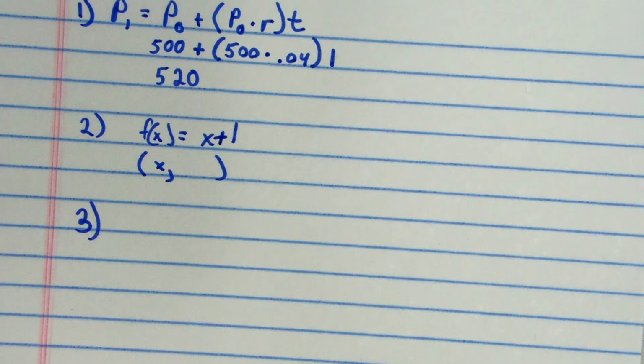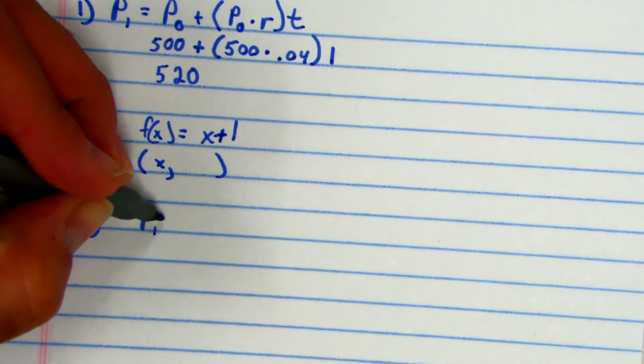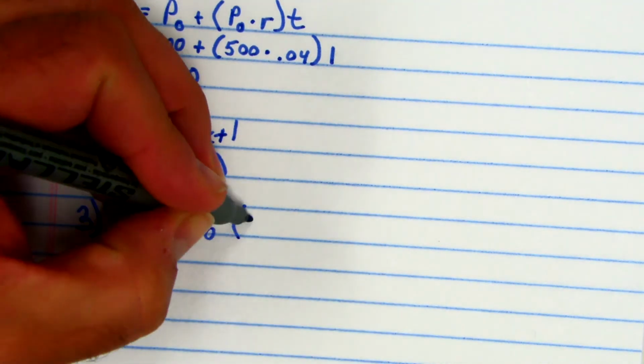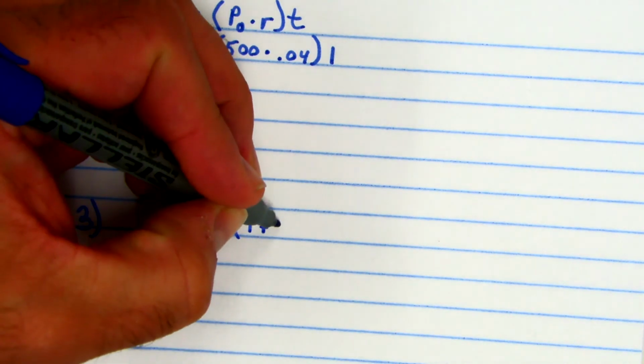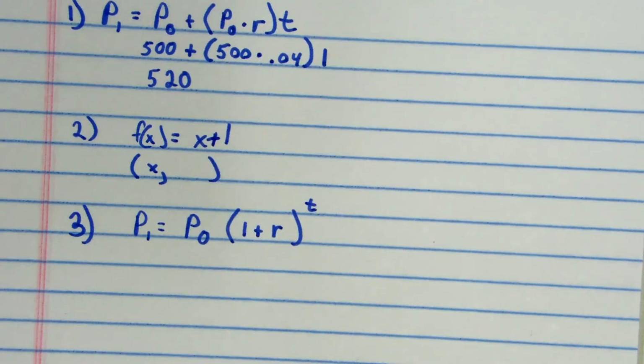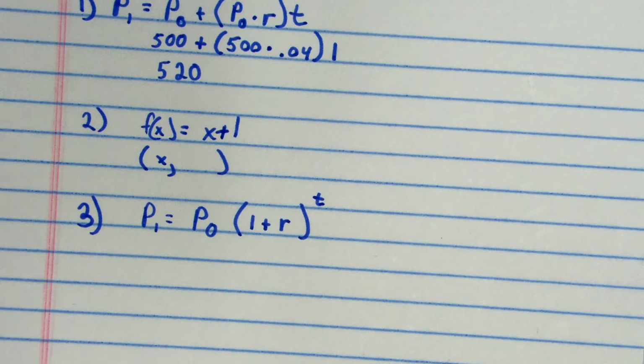Problem 3, again, this time it was a compound interest problem. And compound interest is P of 0 times 1 plus your rate to the t power. And all they wanted was the correct formula. So in other words, they gave you several different functions, and you were supposed to pick the correct one for the compound interest rate.